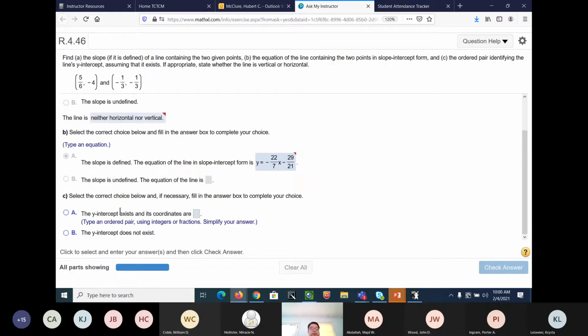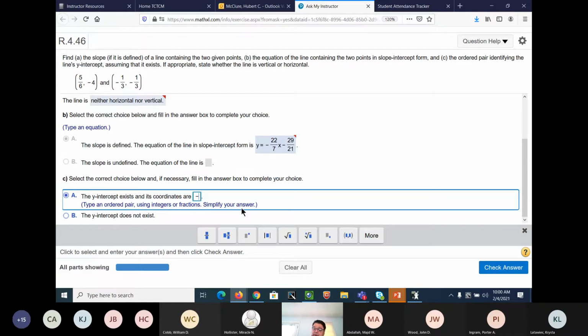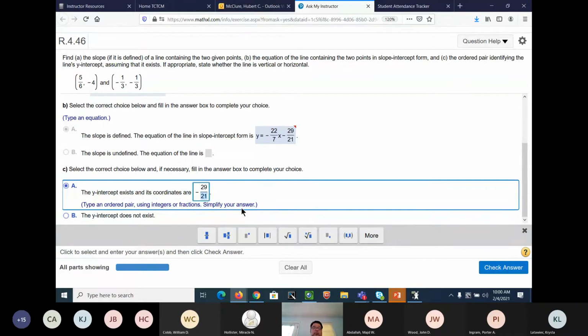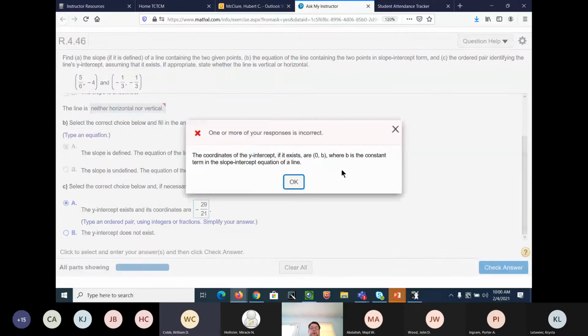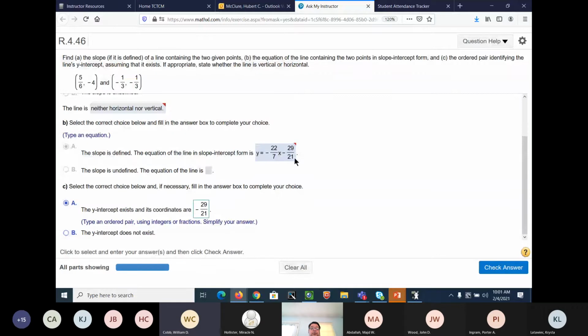The y-intercept exists, and its coordinates are, well, plug in 0 for x. That'd be negative 29 over 21. Well, if you plug in 0 for x, oh, the slope is undefined.